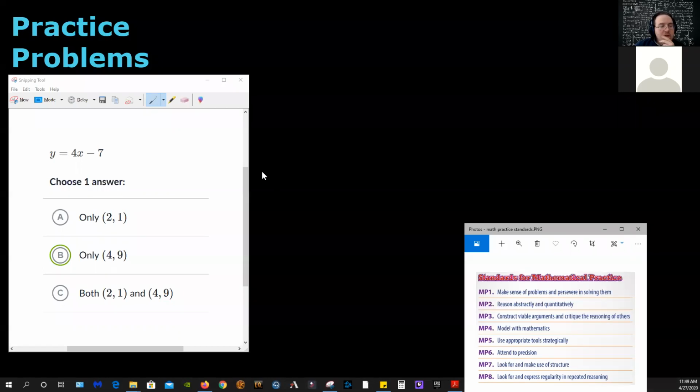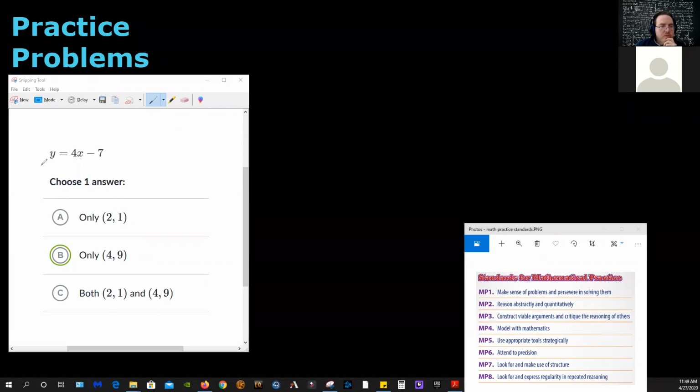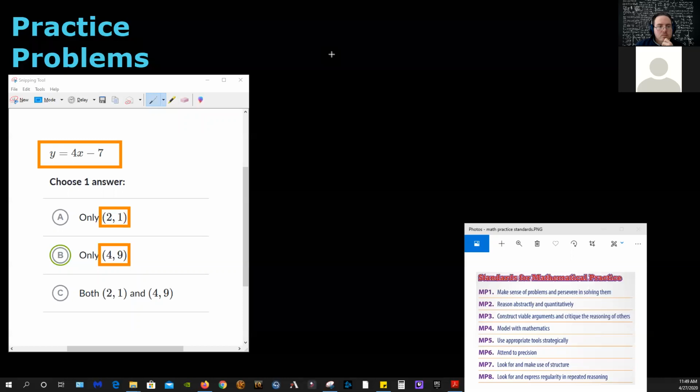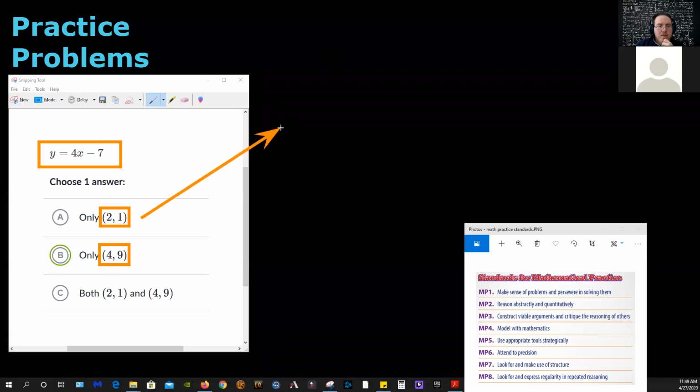Okay, so what we've got to do here is test this equation. So what we want to do is take this guy right here. This equation, here's a line, here's a function, here's a linear function, and we're going to try out this and this. And we're just going to test and see if one works, if both work, or maybe neither works. Who knows? So basically, let's go ahead and try this one.